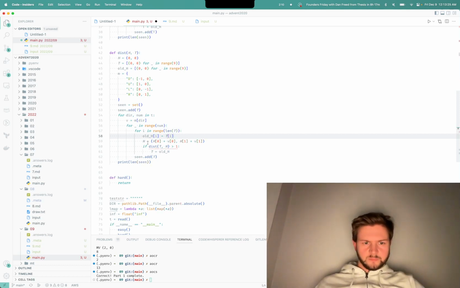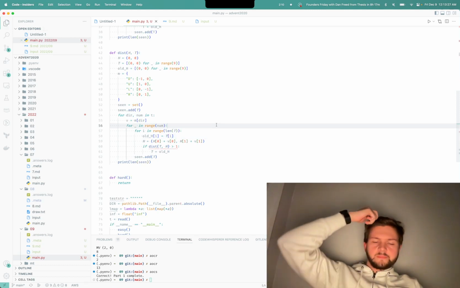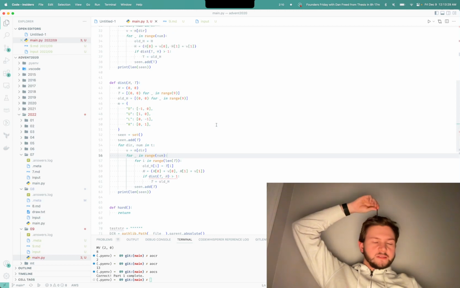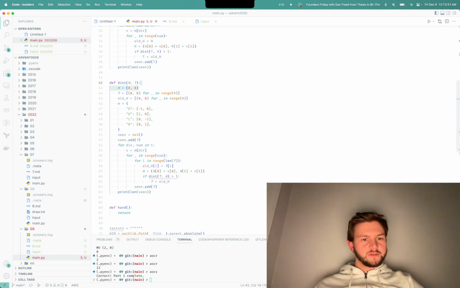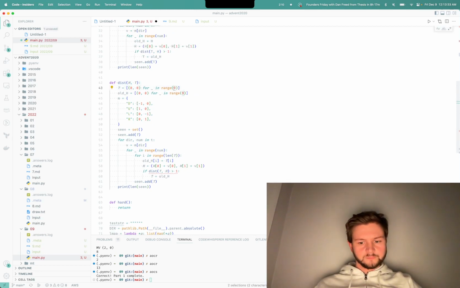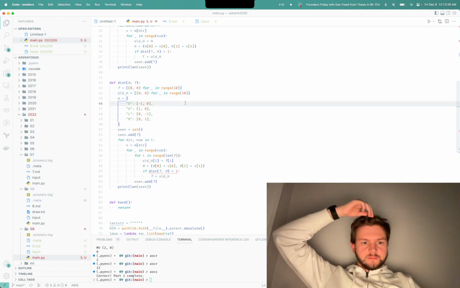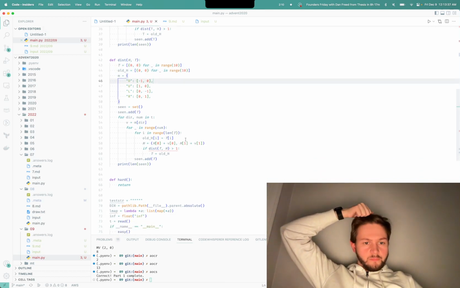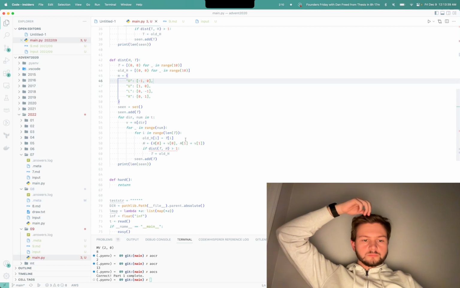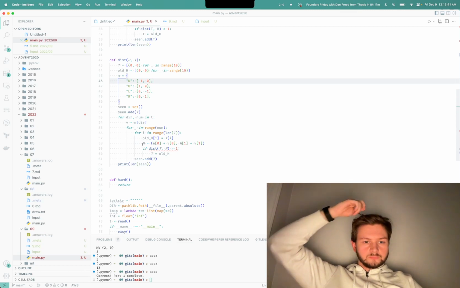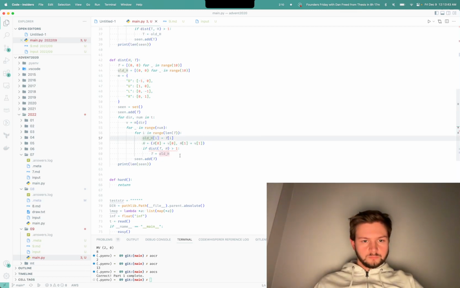So let's not bother with like head and stuff. Just an array of 10. So i in range 10.